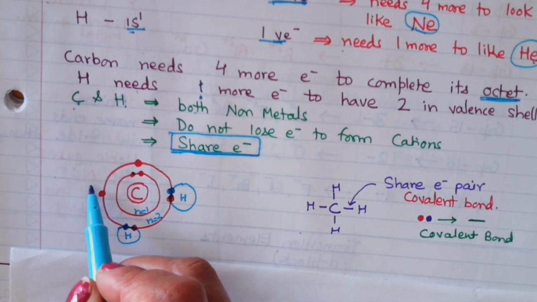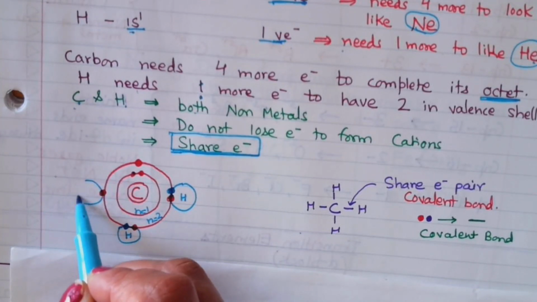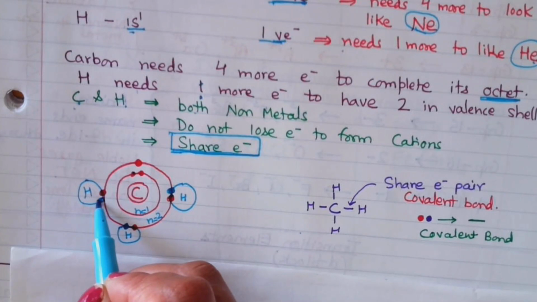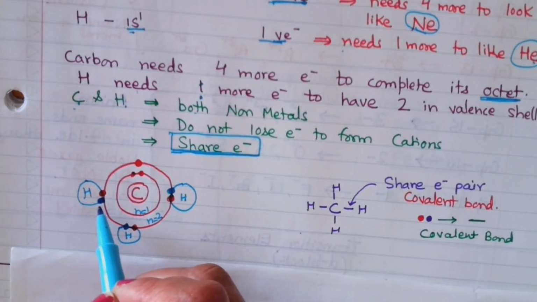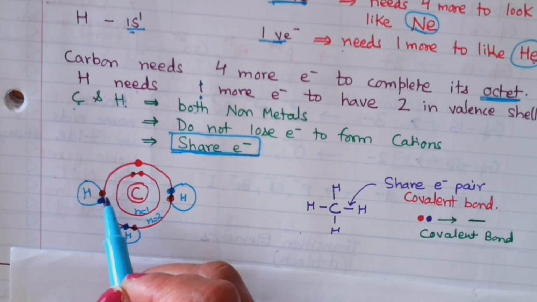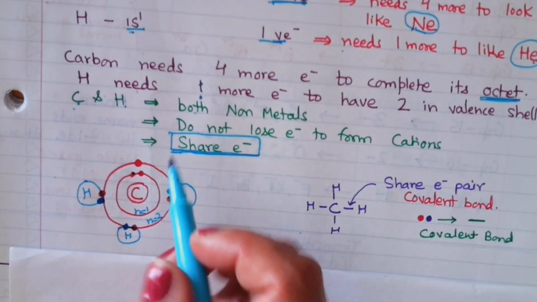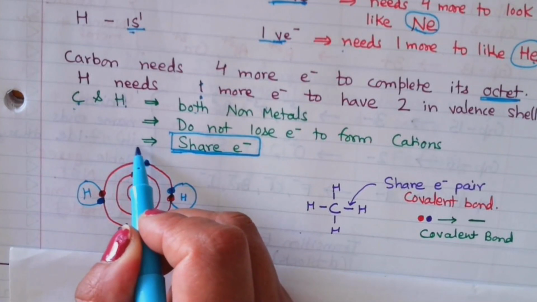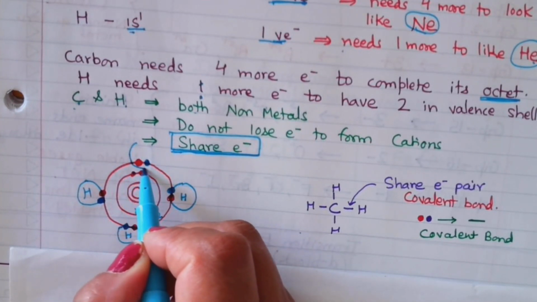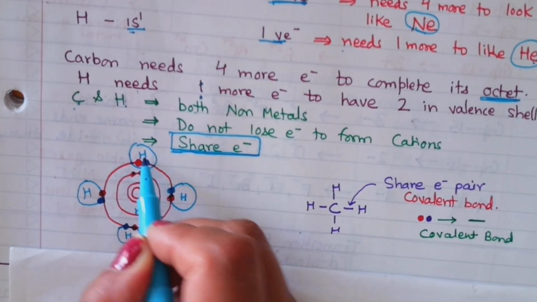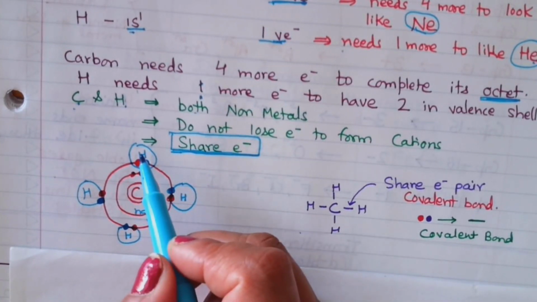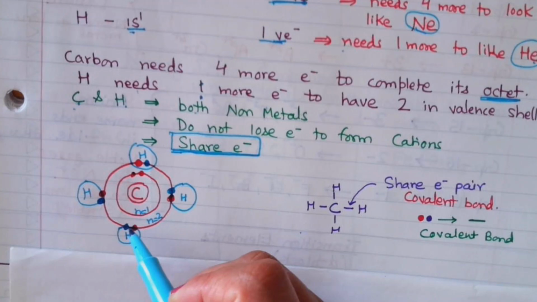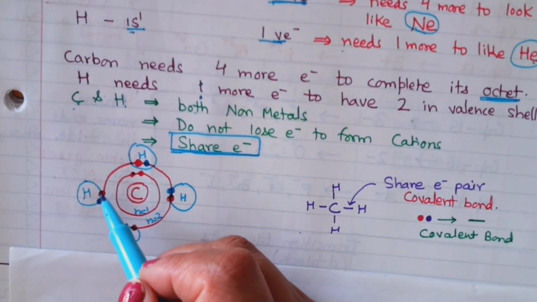So another hydrogen atom comes in and shares its electron. I'm doing blue for hydrogen, red electrons are for carbon, and then a 4th electron from the other hydrogen atom. Look, each hydrogen has now 2 and it looks like helium now, right?